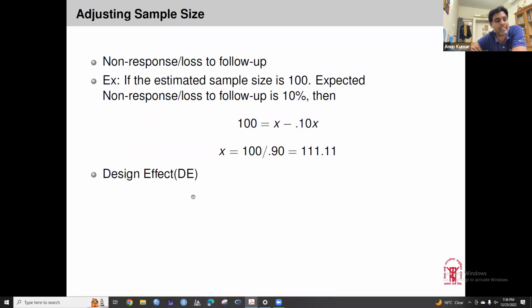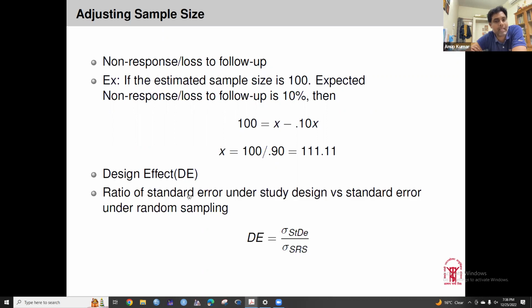Another way of adjusting the sample size is design effect. As I told you, all the formulas which I have discussed for calculating the sample size are based on the assumption that data is drawn randomly from the population. It is a random sample. But if your data is not a random sample, then you have to use this formula, design effect: the standard deviation under another study design divided by the standard deviation under simple random sampling.